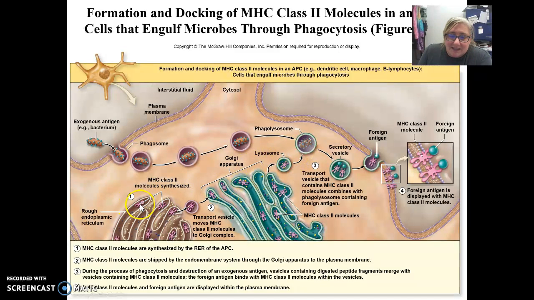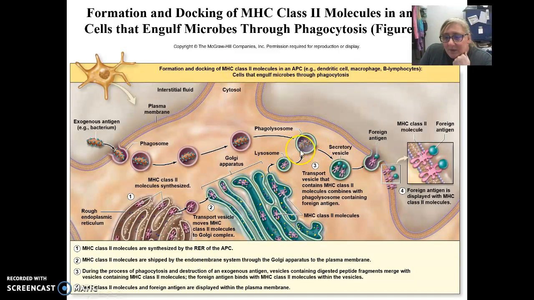We have these MHC class 2 molecules here that are produced, moved to the Golgi, and in the Golgi, they're put in a vesicle. The vesicle here has that class 2 molecule, and then we have this phagolysosome here that is being broken down.